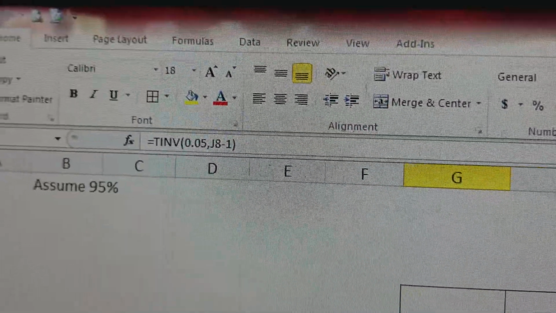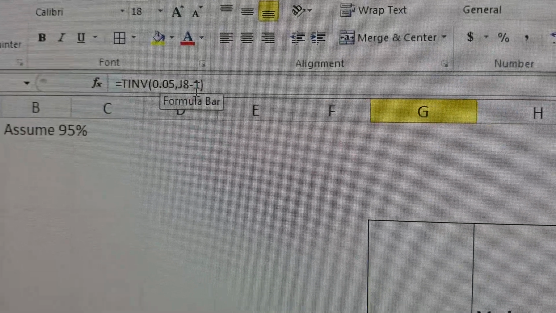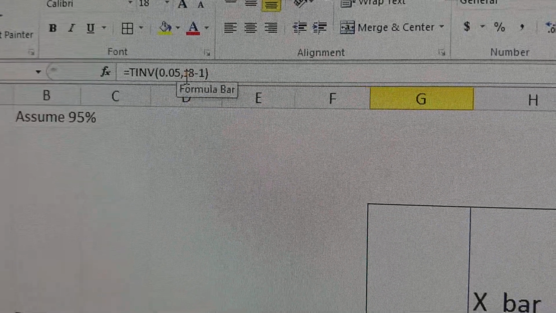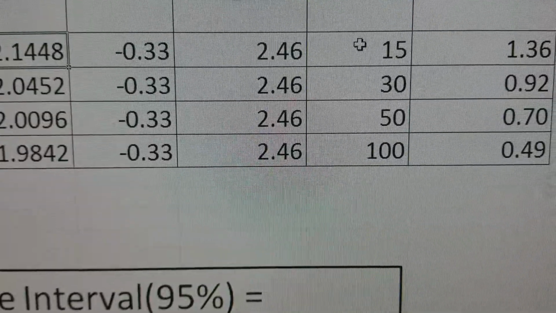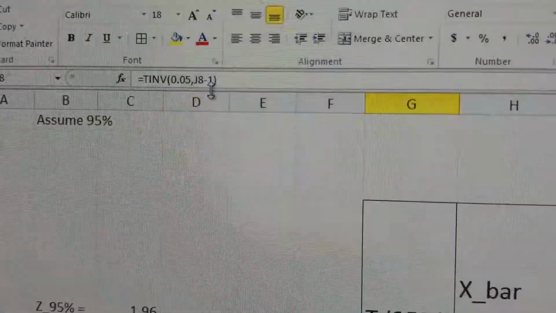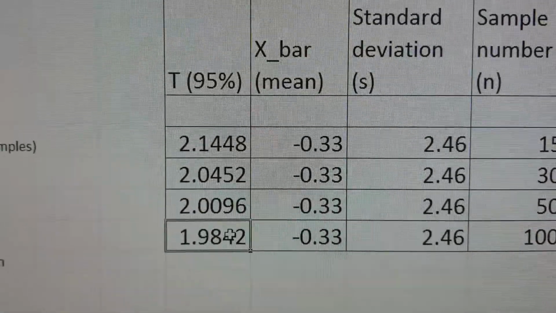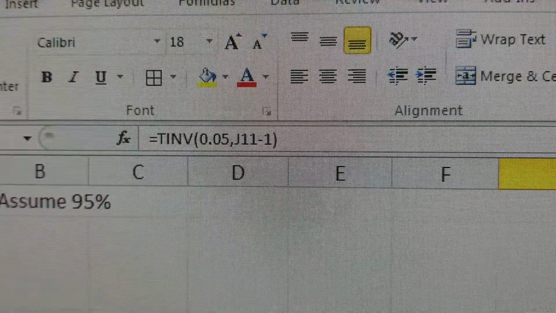My confidence is 95%, so I'm going to use 0.05, and now I'm going to use J8, which is 15, minus 1, and there it is, J8 minus 1. And if I keep going all the way down, we see that the formula is still the same.